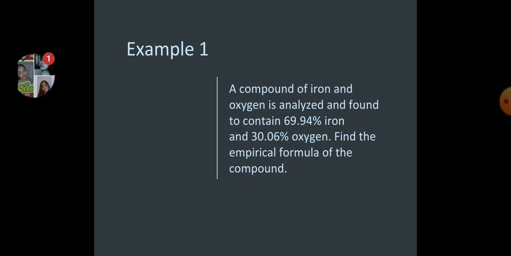Problem number 1. So, a compound of iron and oxygen is analyzed and found to contain 69.94% of iron and 30.06% of oxygen. Find the empirical formula of the compound. Okay, so solution.